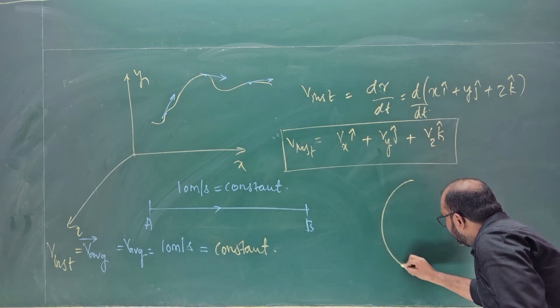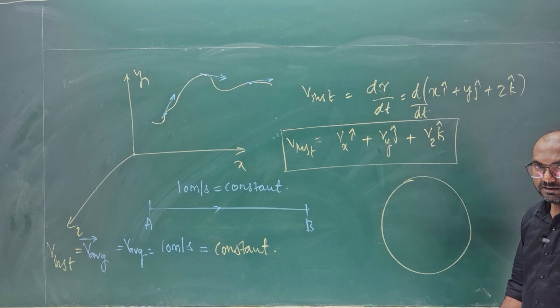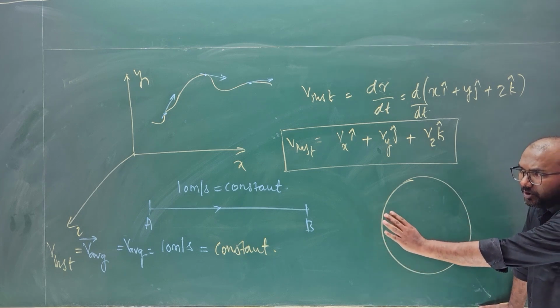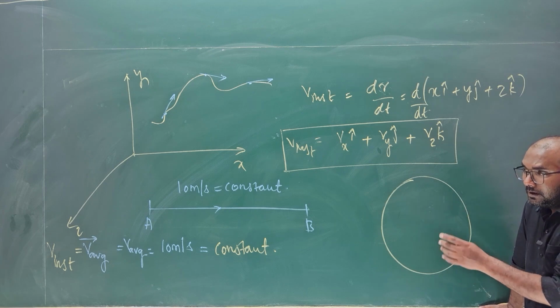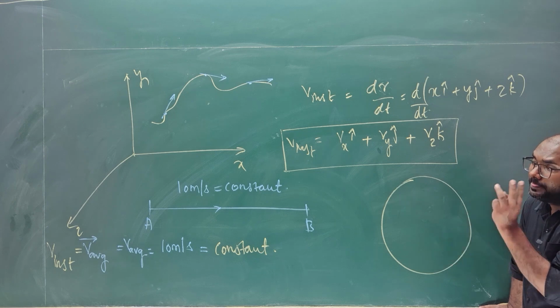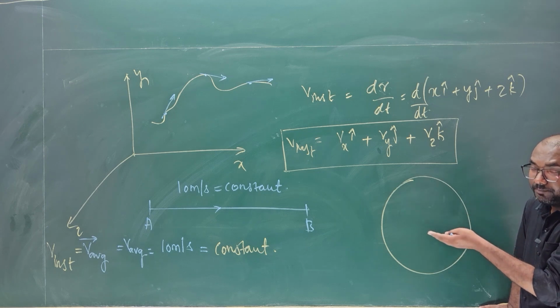For example, if a body is moving in a circular path. In a straight line path, we just found that if a body is moving at a constant speed, then instantaneous speed, instantaneous velocity, average speed, average velocity are all equal to 10 meter per second.